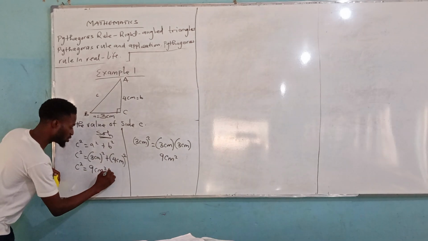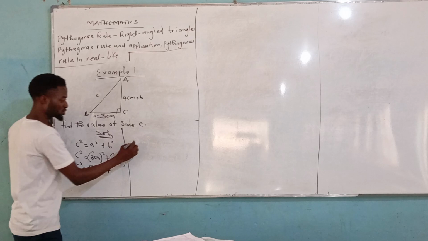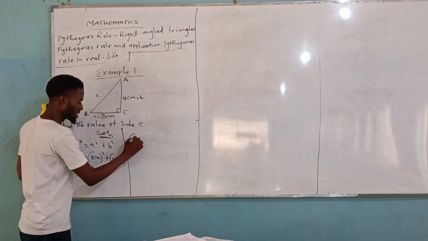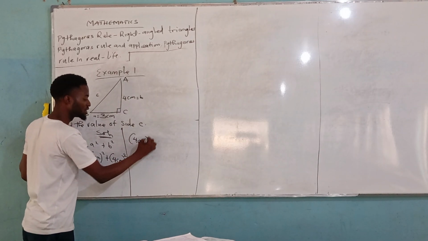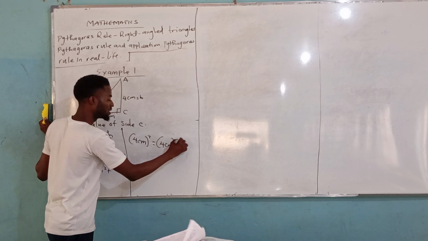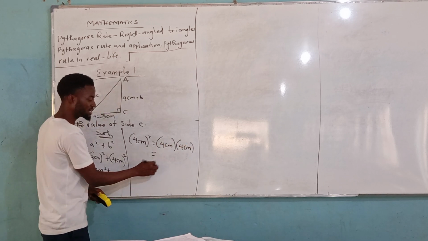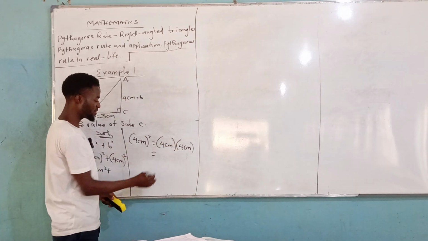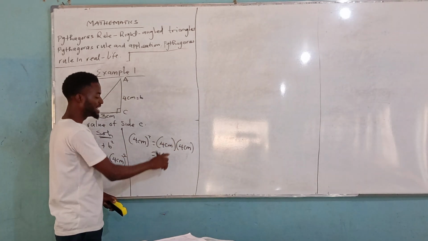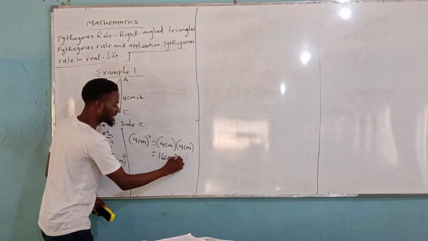So we now have plus, then we apply the same logic for the other one: open bracket 4 centimeter square is equal to 4 centimeter multiplying 4 centimeter. The 4 multiplying 4, we are having 16. Centimeter multiplying centimeter, we are having centimeter square.